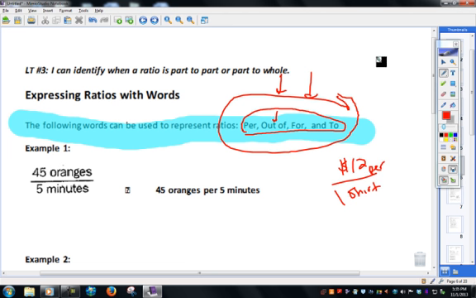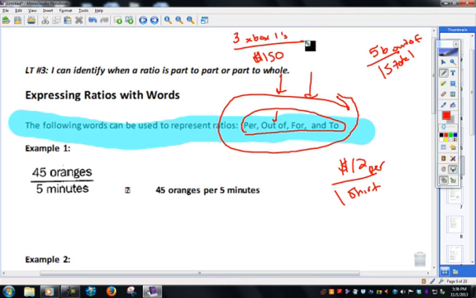Or I could say I have 5 boys out of 15 total students right now. That's out of right there. Or I can get 3 Xbox Ones for $150.